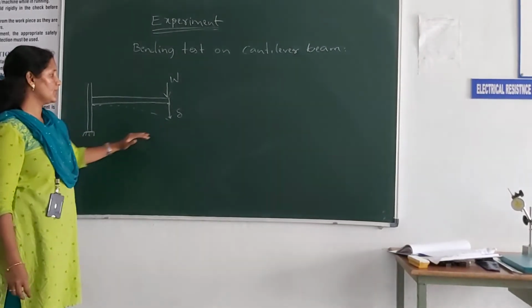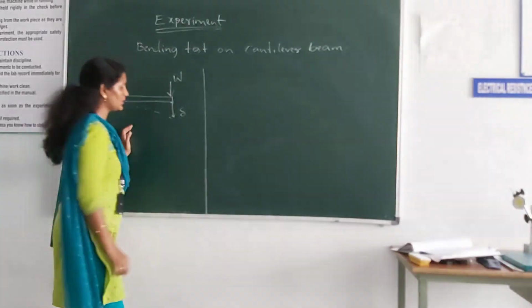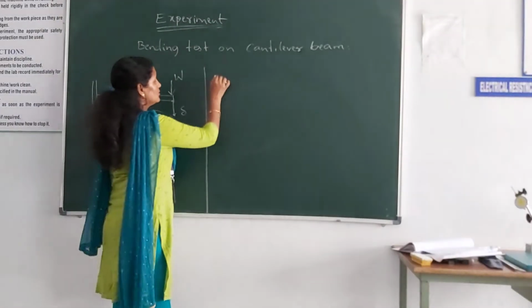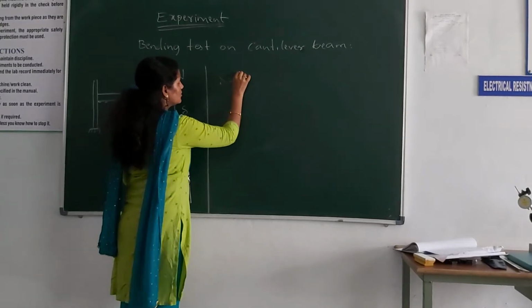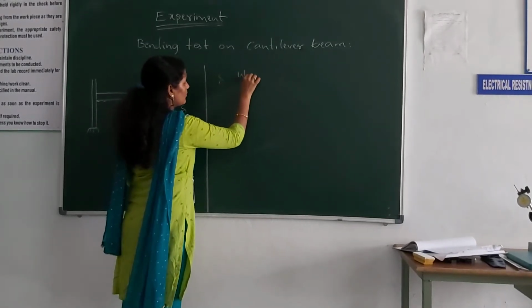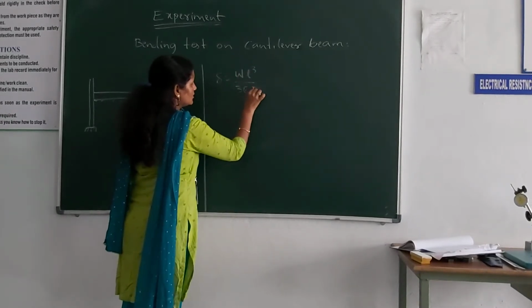the free end. Okay, so for calculating the deflection at the free end, we have the formula delta is equal to WL cubed by 3EI.